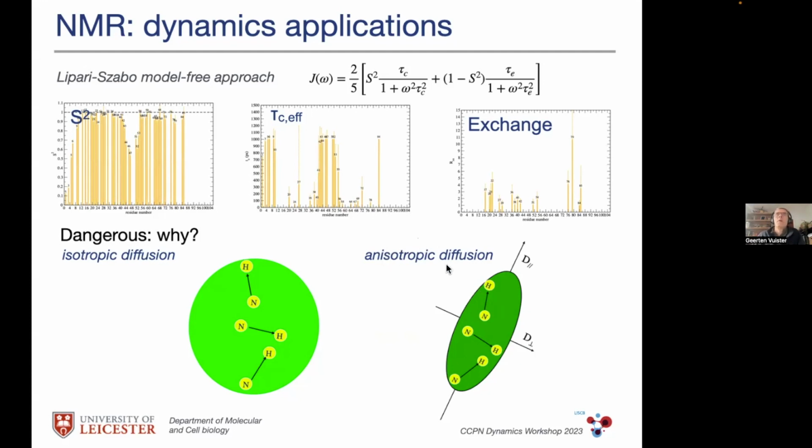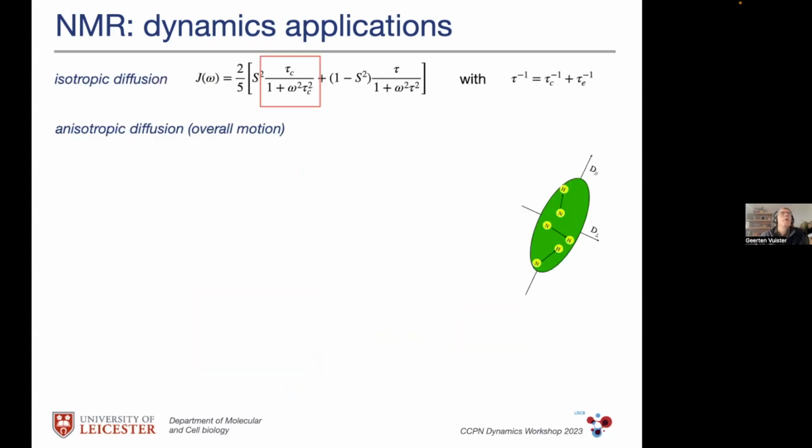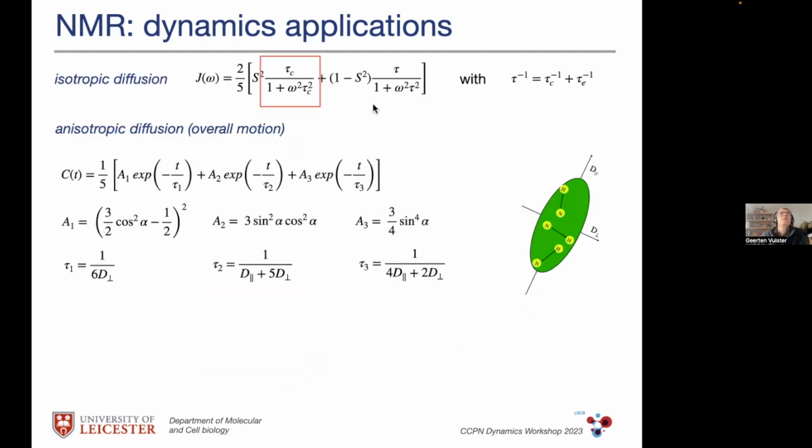So most of the time you have to do a model which includes anisotropic diffusion, which essentially means that there could be a long axis and a short axis, something like this. So a non-spherical rotational diffusion. What does that do to the equations? Well, we need to adjust this part. It just gets slightly more complicated, and there's three constants, and there are some diffusion parameters.